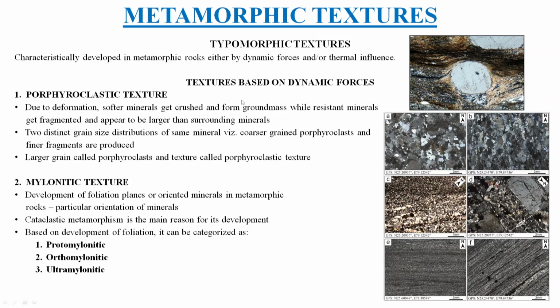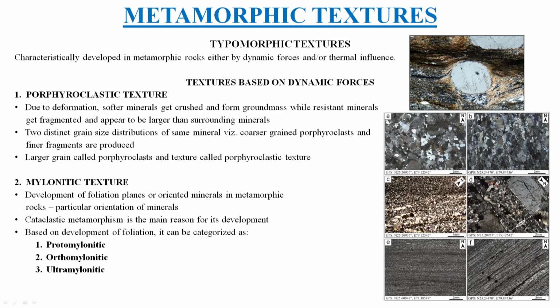So, the development of foliation planes or oriented minerals in metamorphic rocks, in particular orientation of minerals. Based on that they are segregated as protomyelonite, then a normal myelonite and also ultramyelonite. So, you can see here there is a series of myelonitic texture.